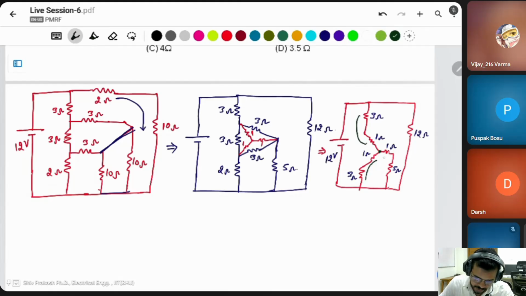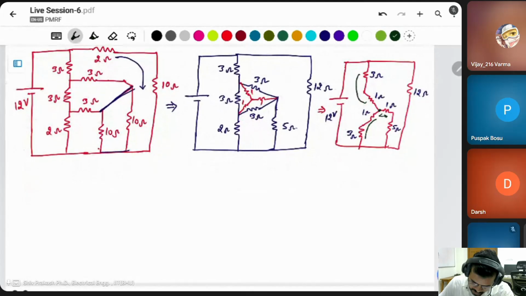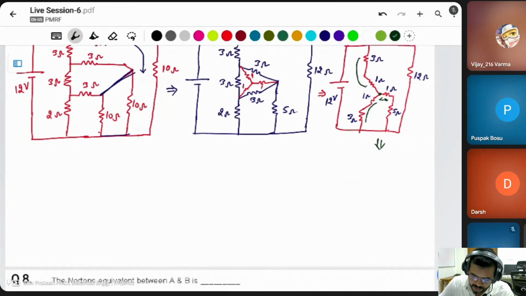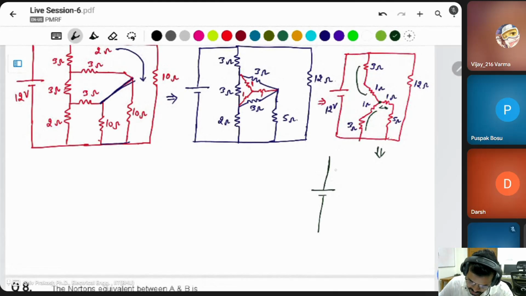The circuit looks like this: this is the 12 volt source, this is 2 ohm, 3 ohm, 3 ohm, 2 ohm, and 10 ohm, this is also 10 ohm, this is 10 ohm. If there is a short circuit, it means these two resistors are connected in parallel and these two resistors are connected in series.